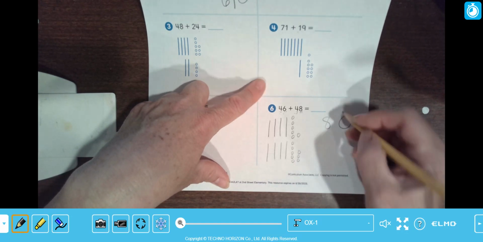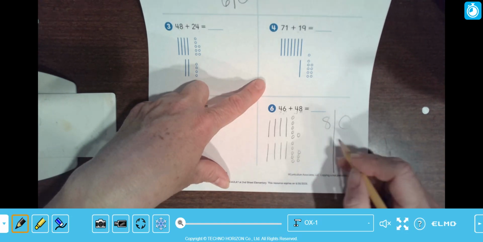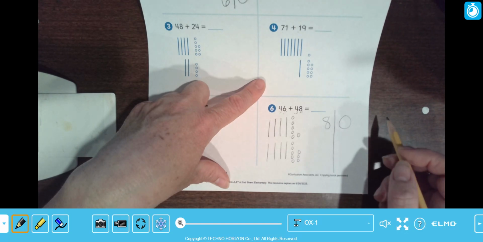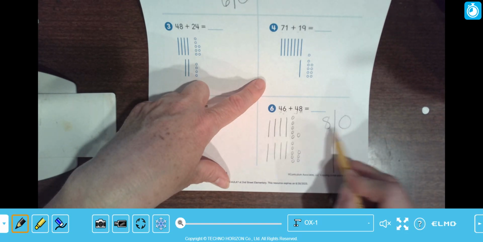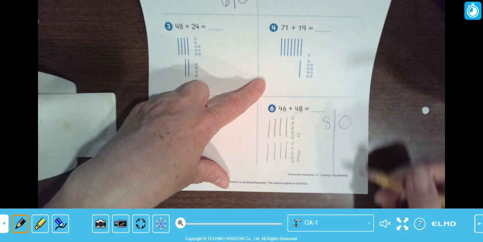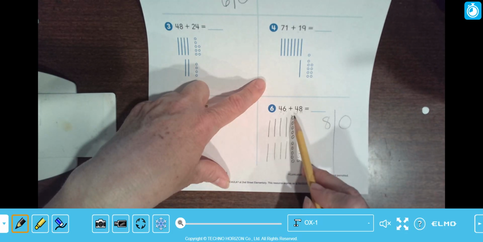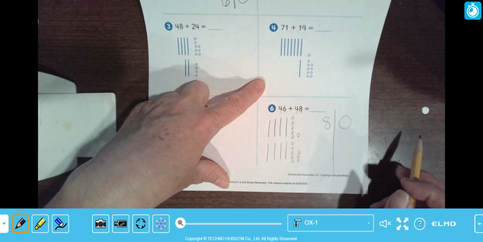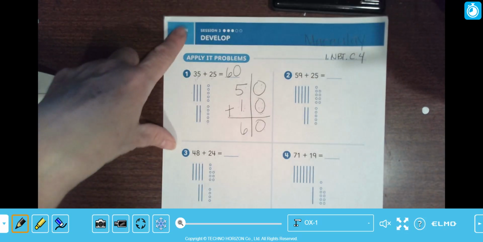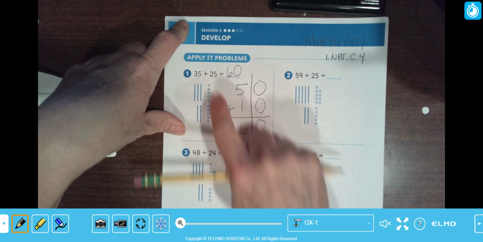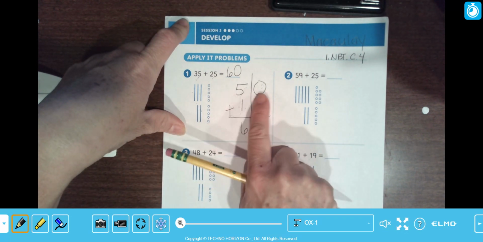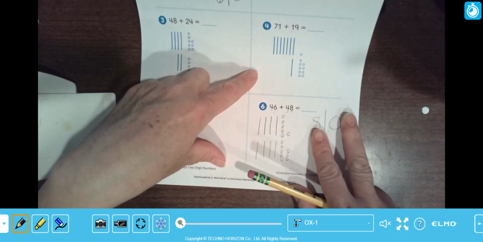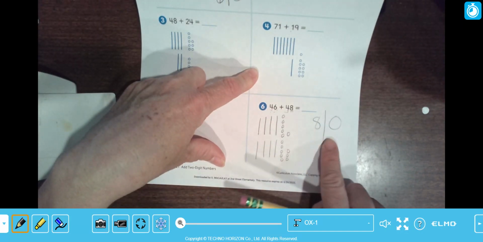Okay, now I'm going to draw a line down the middle. Why am I drawing the line down the middle? To separate the tens and the ones. We got to keep them separate because we're going to add them separate. Okay, now what do we do next? Yeah, we added up the ones, right? First we did the tens and then we added up the ones. So that's what we're going to do here. We're going to add the ones and write it down here.